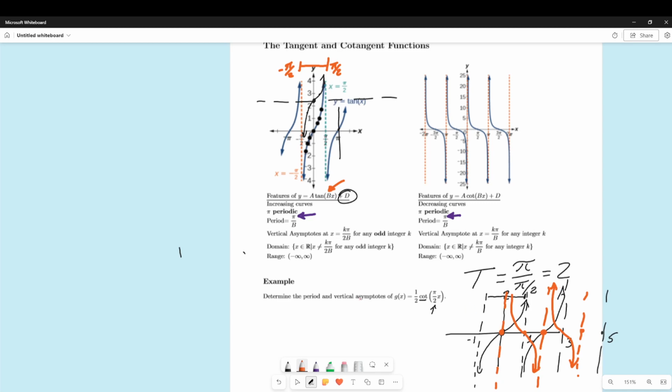So where would the vertical asymptotes be? The vertical asymptotes in this case, for cotangent, would be at x equals 0, 2, 4, and so on in both directions.